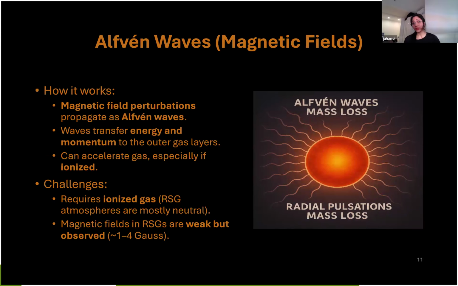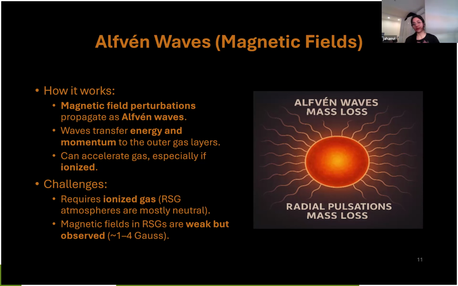Now let's talk about the fourth theoretical model. It's Alfvén waves. So what it proposes is that when the magnetic field perturbation propagates as waves, these waves can transfer energy and momentum to the outer gas layer, which can be accelerated, especially if the gas is ionized.